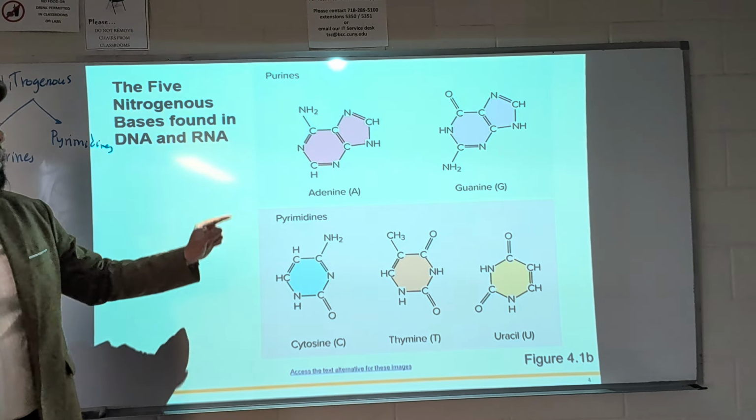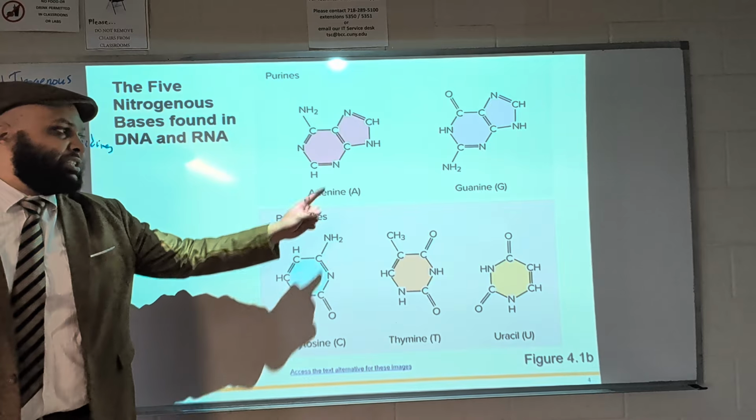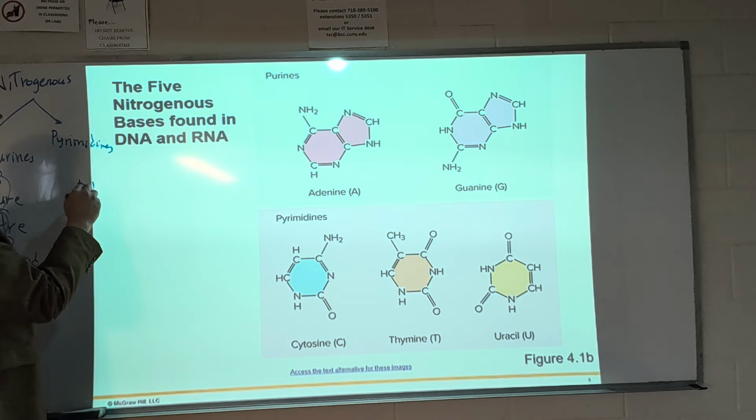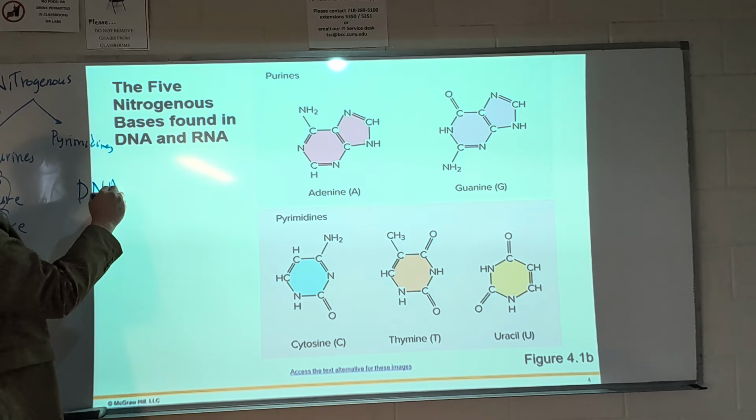Guanine binds with cytosine, GC. That's for DNA. Adenine binds with thymine with 2 hydrogen bonds, and guanine binds with cytosine with 3 hydrogen bonds.